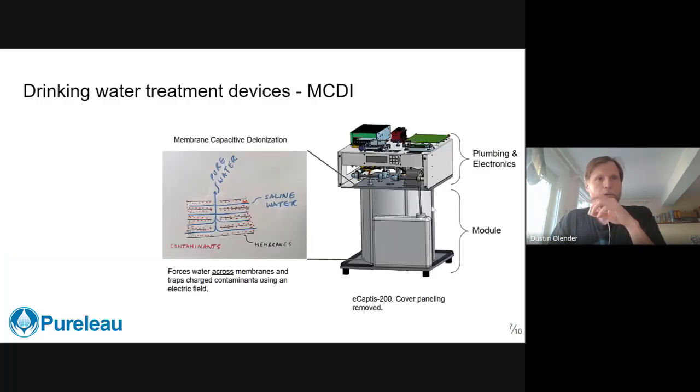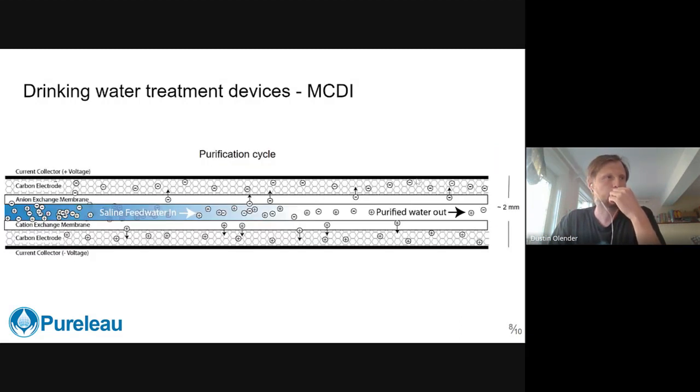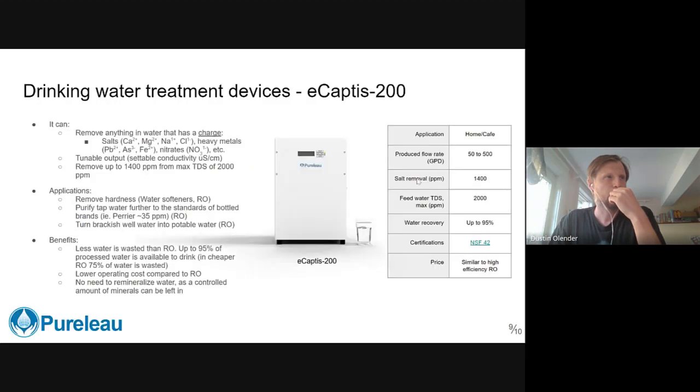And that's, if we go back to the eCaptis, that's what all the plumbing is about and the electronics. So it's timing that, opening valves, and making sure all of that happens smoothly. Yeah, so kind of moving on to the eCaptis here, as a result, it can essentially remove anything ionic from your water, which is a lot of things.